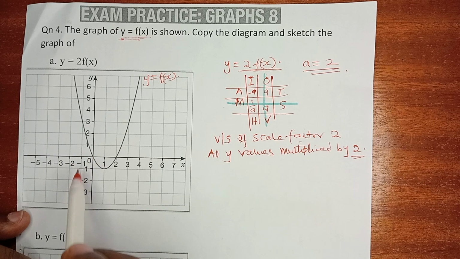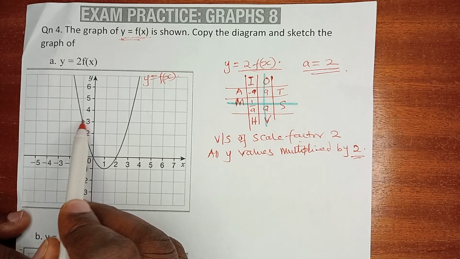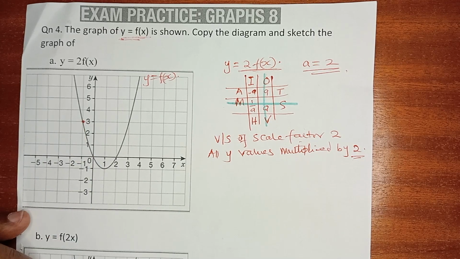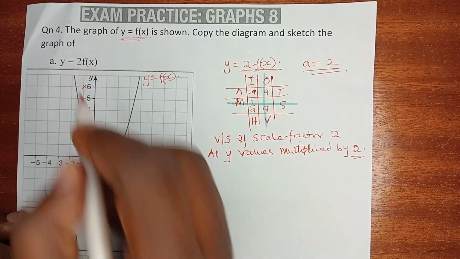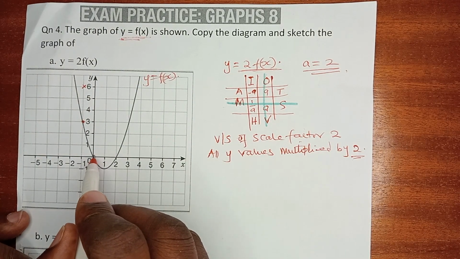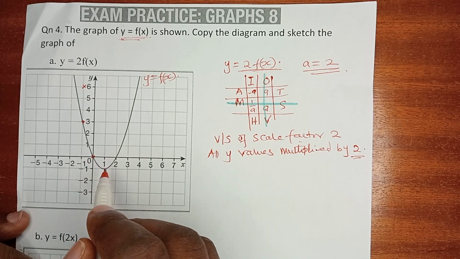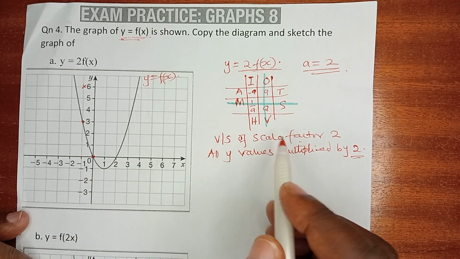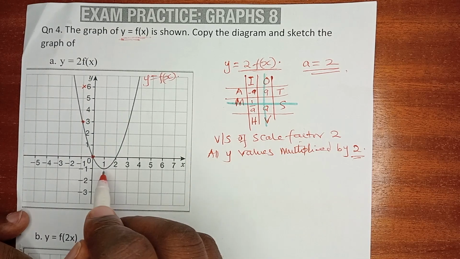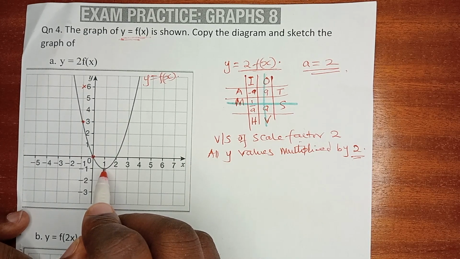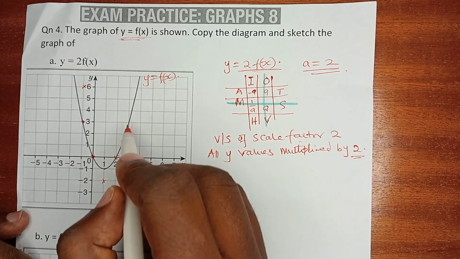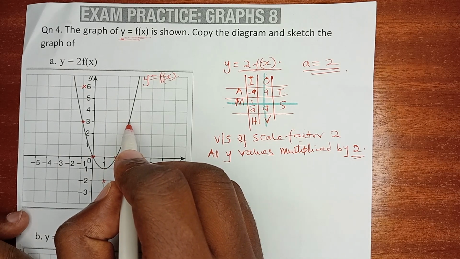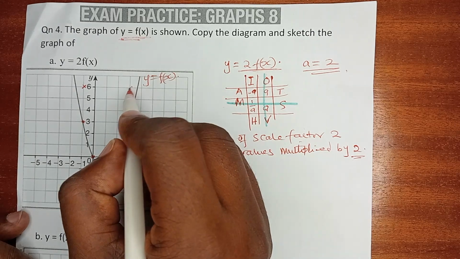At this particular point, y is 3. 3 times 2, we have y being equal to 6. This point y is 0. 0 times 2 is 0. This point, because it's vertical, all y values. Y is negative 1. Negative 1 times 2, negative 2. This remains 0. At this point, y is 3. Y being 3 times 2, y is 6.